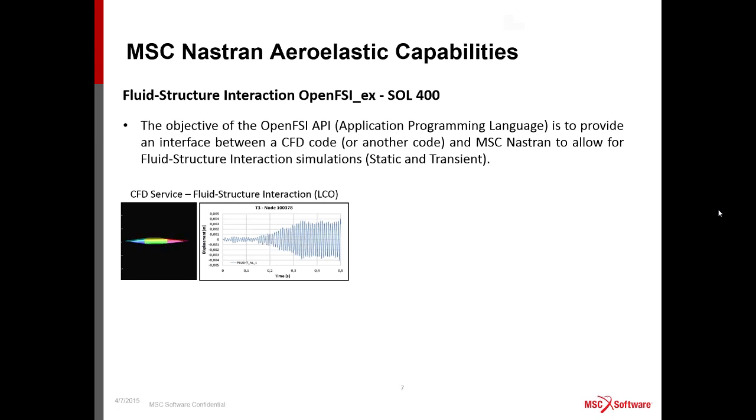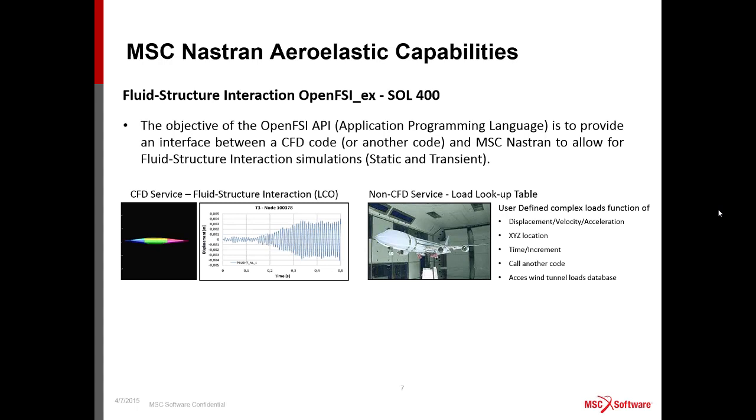Now we have the ability to evaluate them, because we can include all the nonlinearities we want in terms of the structure and in terms of the aerodynamic code. But something that is very interesting is that OpenFSI has the possibility to couple Nastran to a general external code. This means that we can even build a non-CFD service.